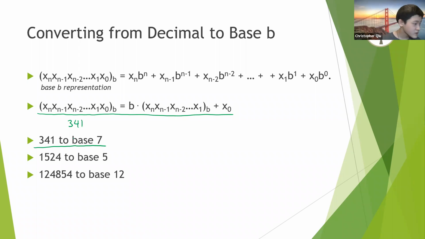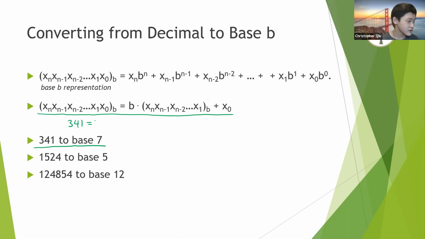I want to convert 341 from decimal to base 7. And so how we do this is we want to find each digit one by one. So what we do is we write this number equals B times the first n minus 1 digits, plus the last digit.